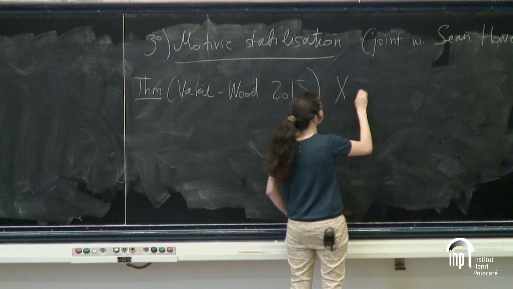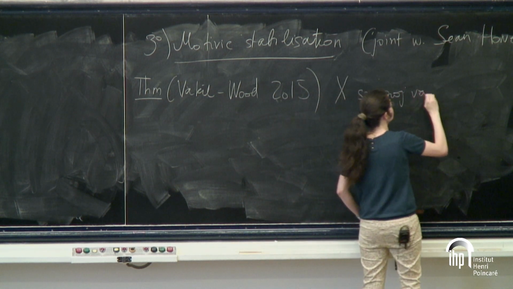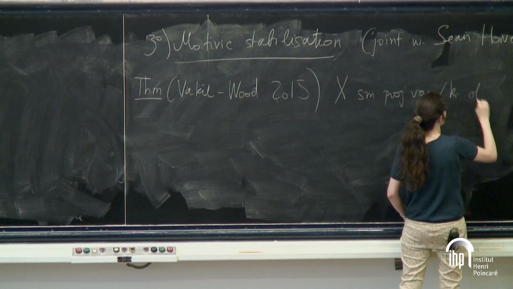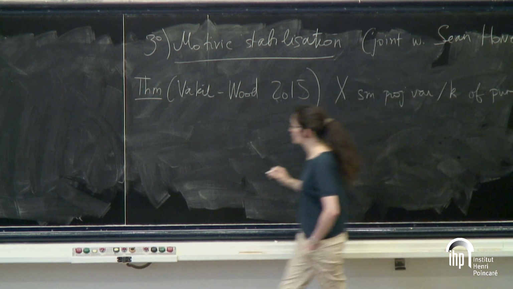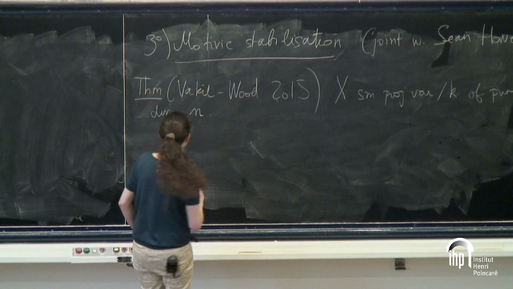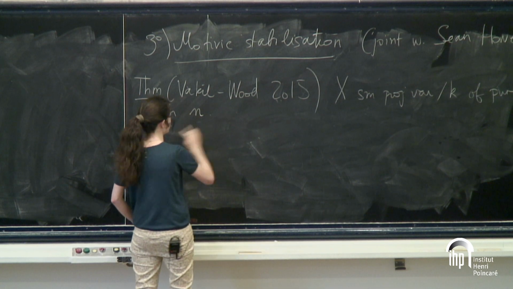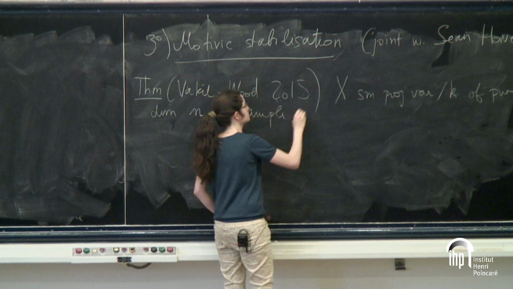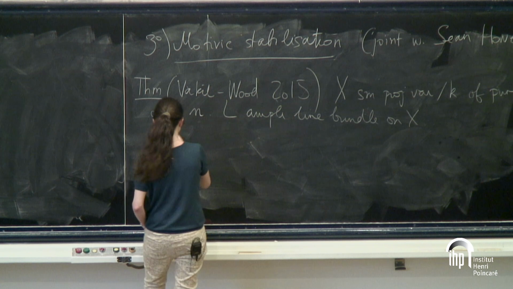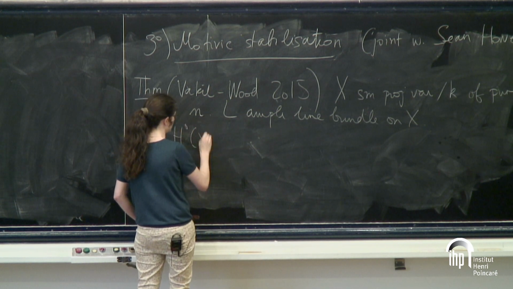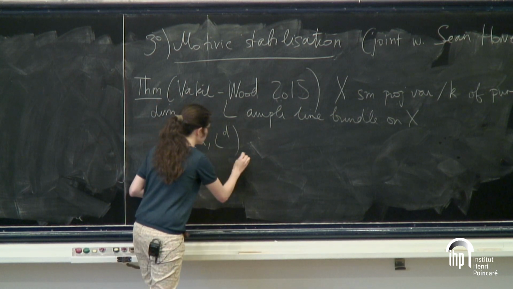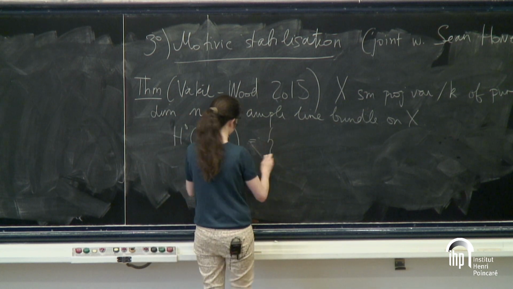X is a smooth projective variety over K, K any field, of pure dimension n. L is an ample line bundle on X. I'm interested in the space of sections of L to the D when D is large, and I introduce the following open subset. These are the sections that are smooth.